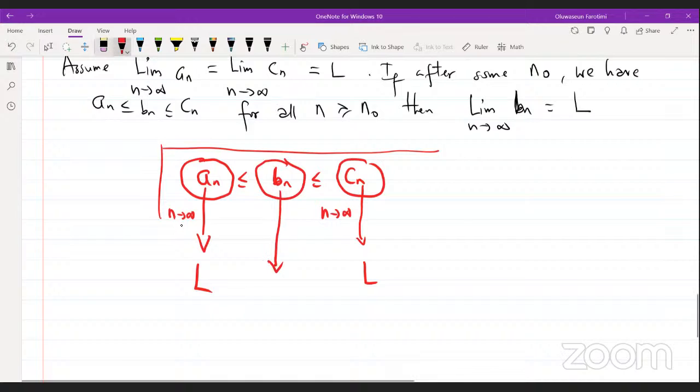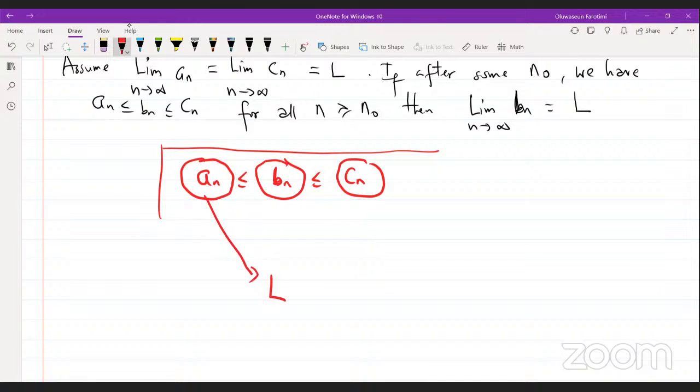Let me draw it in a different structure, but I'm speaking the same language. This one approaches L as n goes large, and this one approaches L as n goes large. What does it say about the one in the middle?